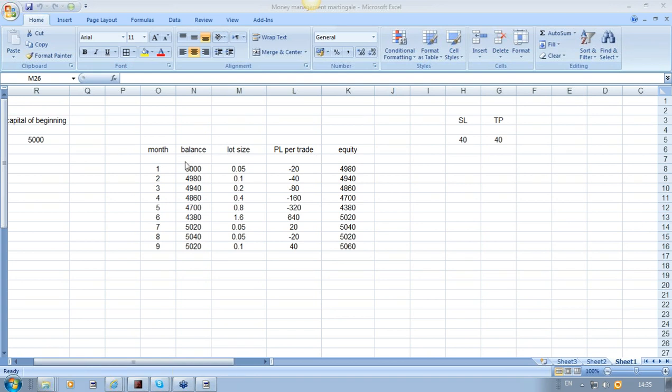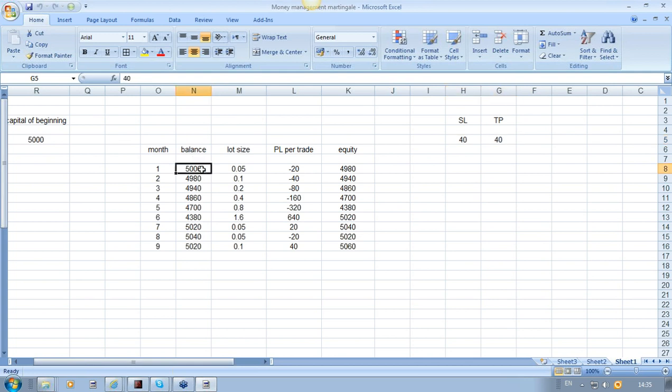Okay, Martingale, what does it mean? That's the capital of the beginning, the balance. I set a strategy. It does not matter what strategy, but it's important that the stop loss is equal to take profit for calculation. I set, for example, 40-40.